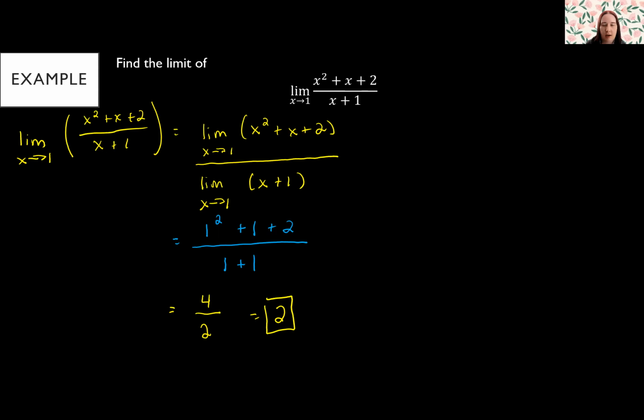So if we ended up dividing by 0 in this case, then we can't plug that value in and you have to use a different method to find the limit. But as long as you're not getting an undefined, then you can just basically plug that in.